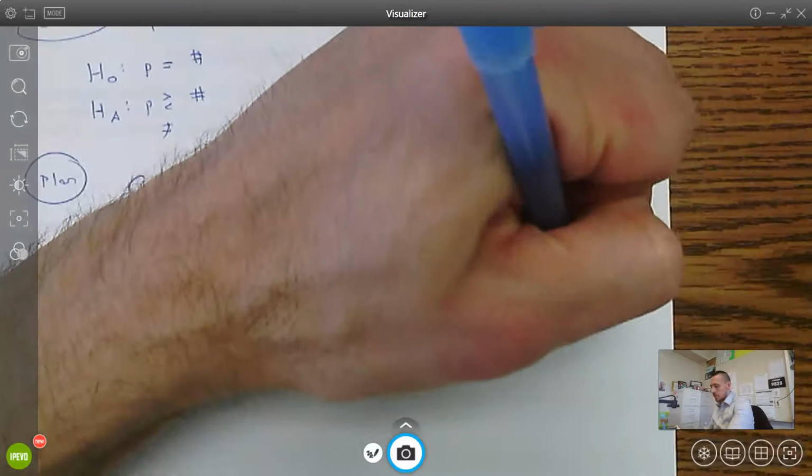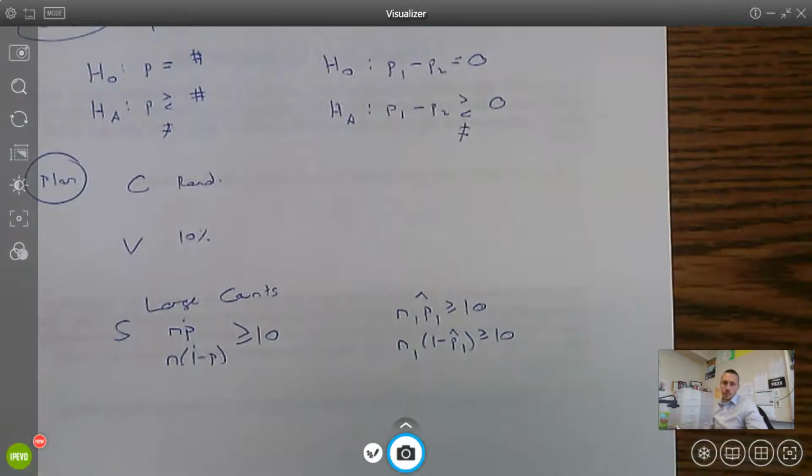And then for group 2, are they at least 10? So you're going to have 4 numbers there. Okay, so that's the plan step. And then again, no degrees of freedom anytime we use the normal distribution. So it would be conditions met for a 1 proportion Z test or conditions met for a 2 proportion Z test. That's it.